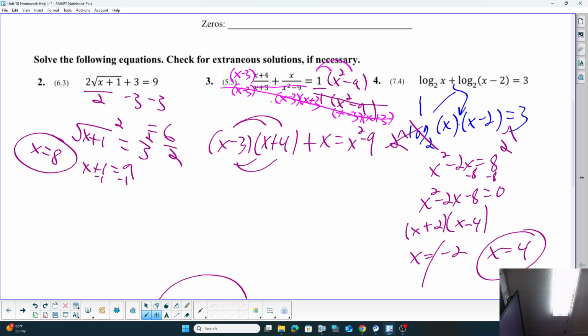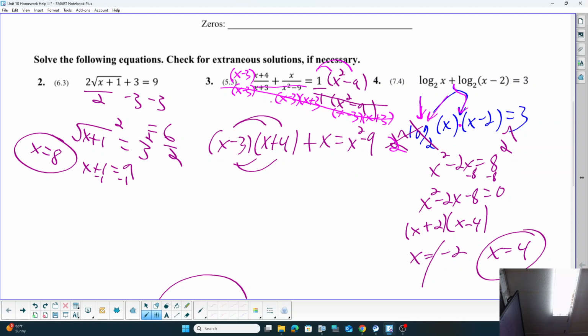Don't forget to condense logs. What is logarithm addition condensed to? So logarithm addition condenses to multiplication. So we condense our 2 logs down to 1 log base 2. And then x plus x minus 2 becomes x times x minus 2.